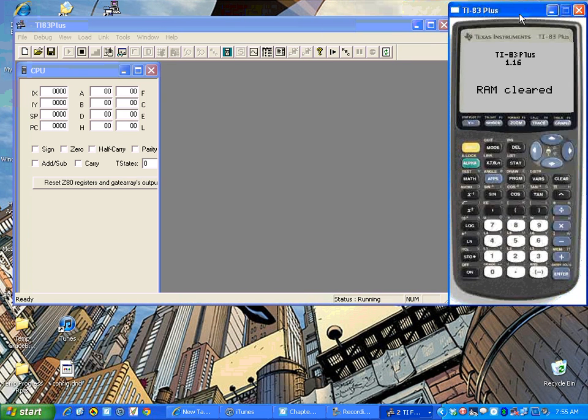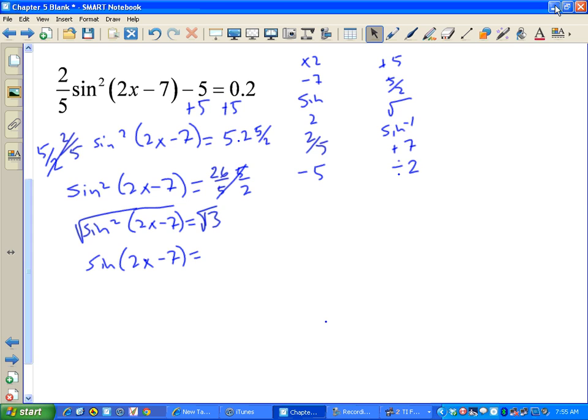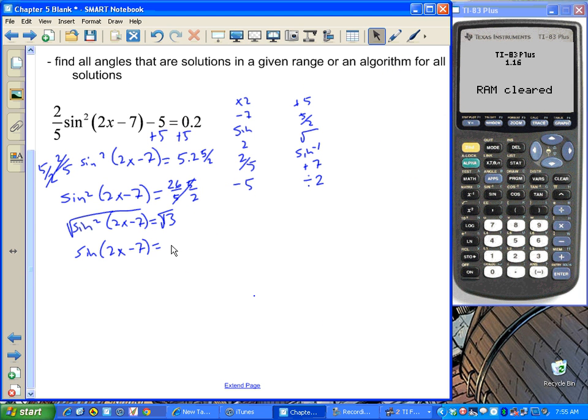We won't use it just yet, but I'll have it up and ready. So let's just leave it as the square root of 13 for now. I need to do the sine inverse now to get rid of the sine. So I'm going to do sine inverse on both sides. Now I've got 2x minus 7 equals sine inverse of the square root of 13.